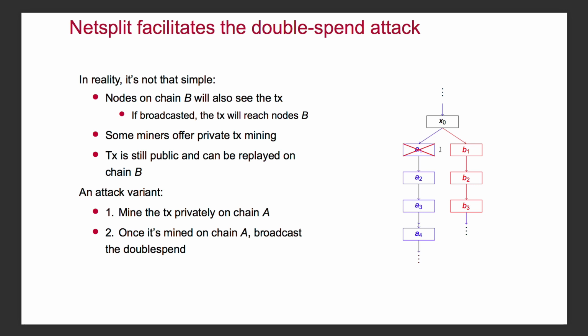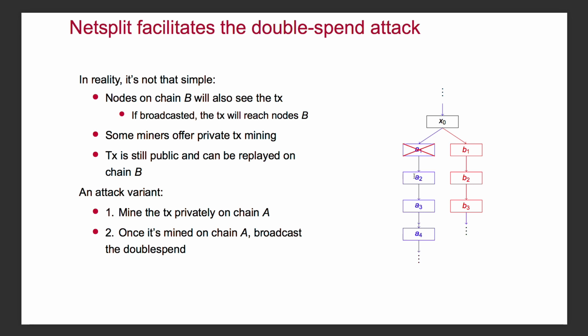So how could we try to prevent that? If we broadcasted that transaction, then this transaction is going to go to the chain B, so we don't want to broadcast it. We could try bribing some miners to include that transaction in block A2, for example, and not only bribing, I think some miners offer that as a service. Maybe I'm wrong there, I'm not sure, but you can just ask them to include your transaction without revealing it to other nodes.